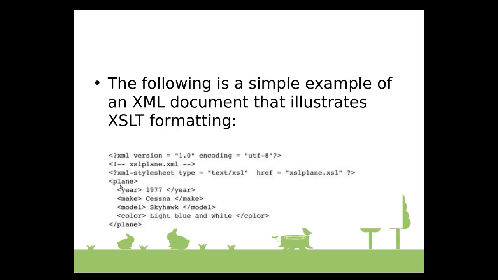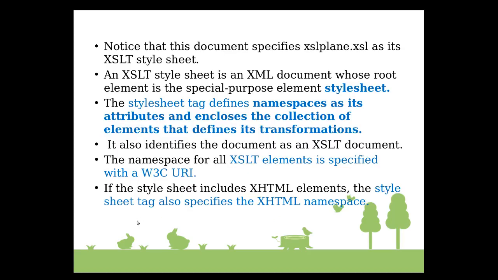This is the root element, plain is the root element, and these are the elements used in this XML document: year, make, model, color, etc. So this document specifies this xslplain.xsl as the style sheet.